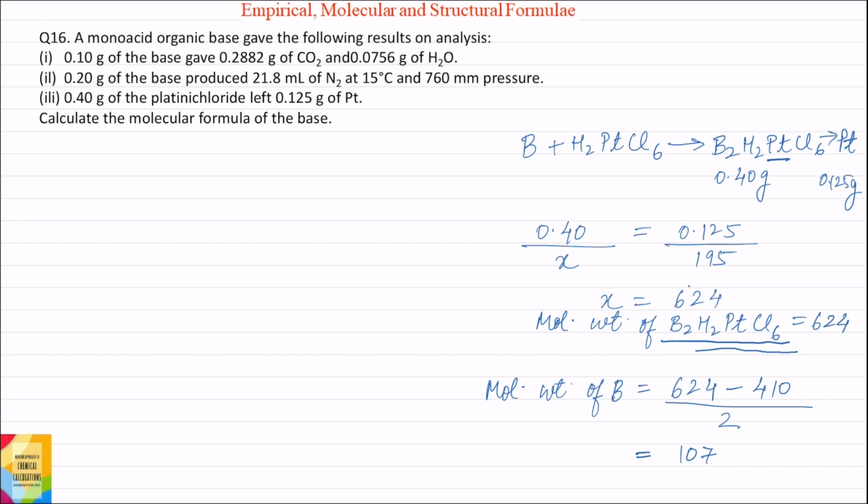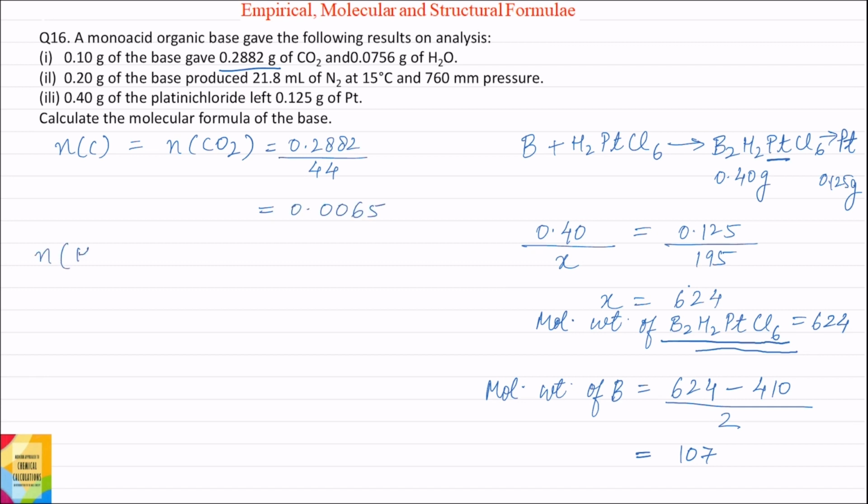Now moles of carbon is equal to moles of carbon dioxide, and this will be equal to weight of carbon dioxide given as 0.2882 divided by molecular weight of carbon dioxide, that is 44. So moles of carbon will be equal to 0.2882 divided by 44 and this is equal to 0.0065 moles.